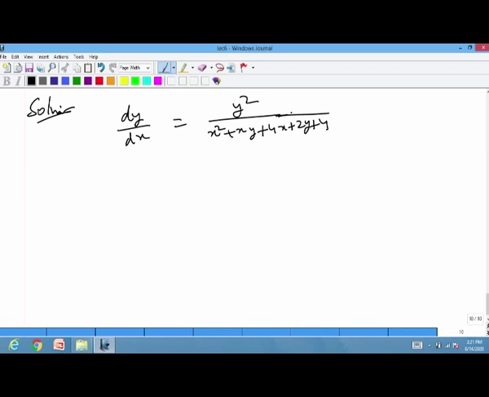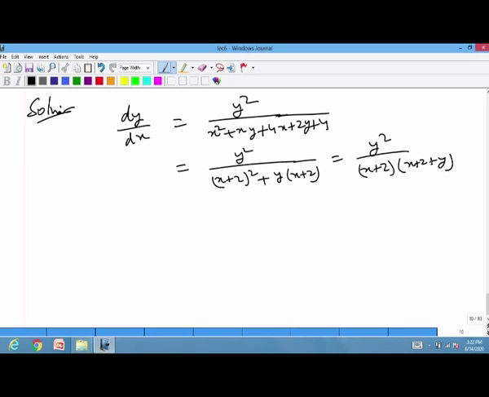Now, if you notice, the denominator can be factorized as we have x square plus 4x plus 4 is (x plus 2) whole square plus xy plus 2y, that is y times (x plus 2). So, this is y square divided by (x plus 2) times (x plus 2 plus y).